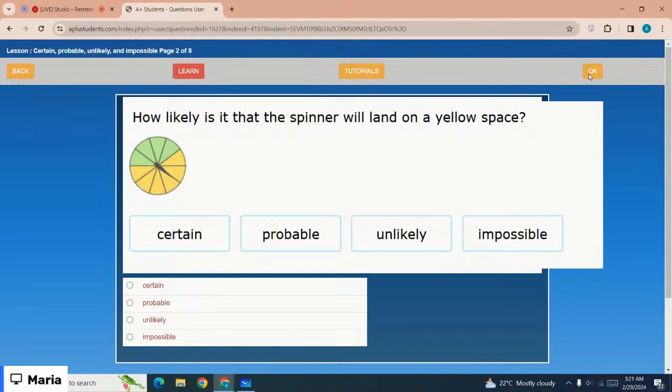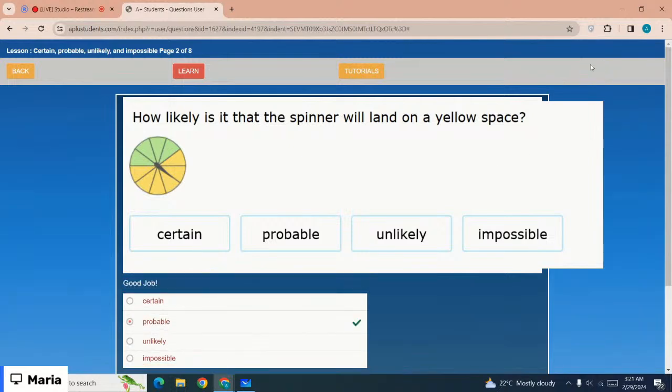That means the spinner has more yellow portion than green, right? So that means it is probable it will land on yellow space. Probable it is. The correct option is probable.